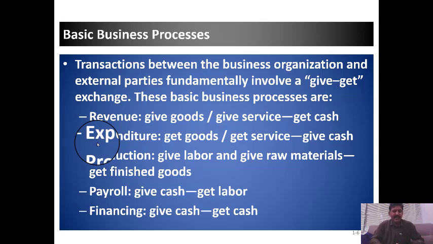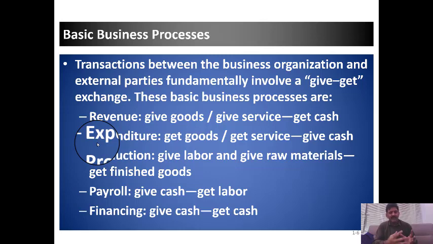Payroll or salary sheet, whatever you say, we give cash and get labor hours. Laborers give hours, and for every hour we pay what? Cash. Financing means, whenever the term financing comes, that cash is given or cash is paid.